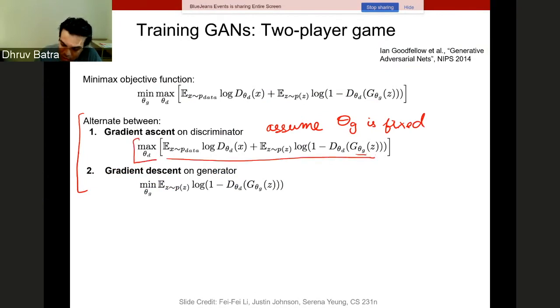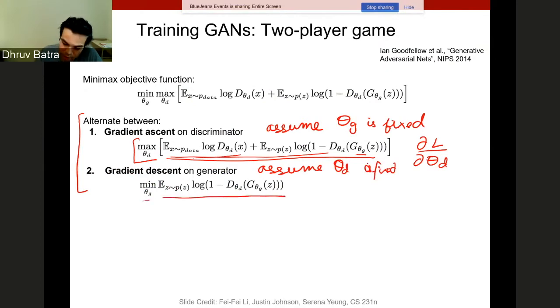The way to perform gradient ascent is, if L is this entire objective, you just perform backprop with this objective on the gradients with respect to theta d. And in the second step, you assume that theta d is fixed. One of the terms, as soon as you assume it's fixed, does not actually depend on theta g, so it's only the second term. So this is maybe L1, this is L2 of theta g, and you compute partial derivatives and do backprop.